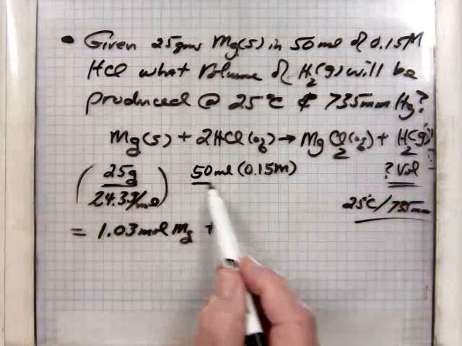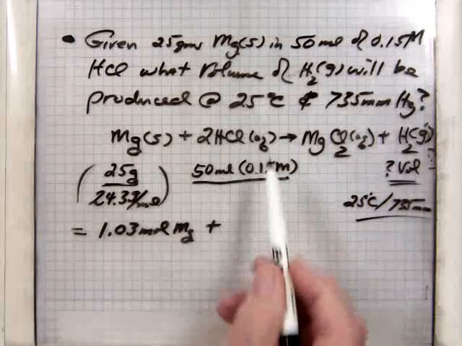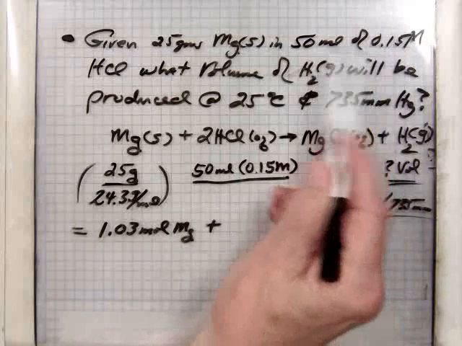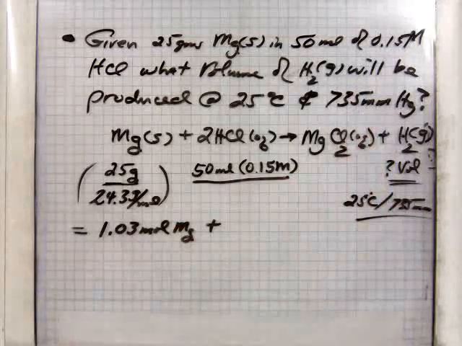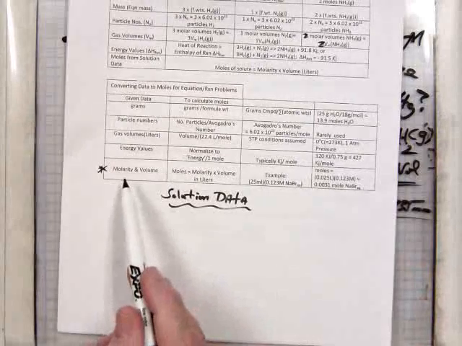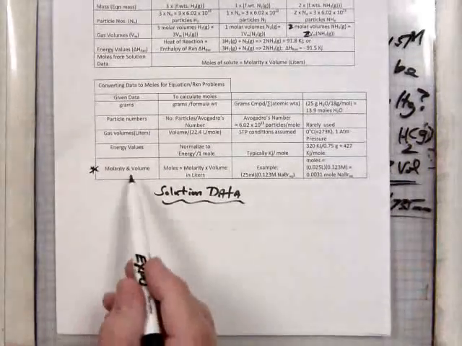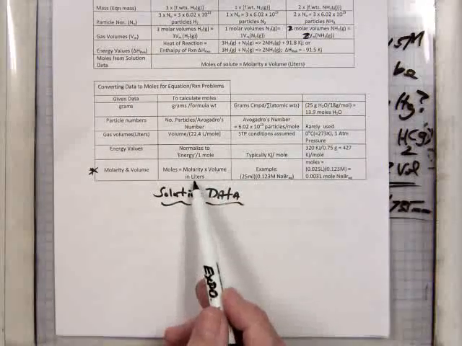Now, what did I say about this? This is a combination of a volume and concentration number in the data stream that you have in the problem. And to calculate moles from that, look at the bottom of that sheet down here. It says molarity and volume data. Moles is equal to molarity times volume expressed in liters.